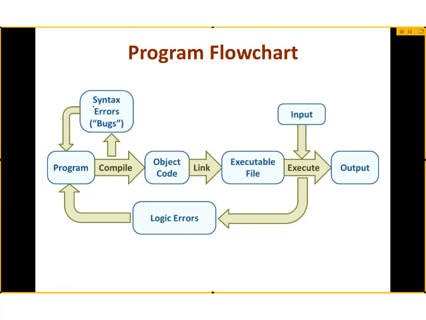There was some error in the logic of how we wrote our instructions. And so once again, we need to return to the programming stage. It's often more difficult sometimes to debug such logic errors, try to figure out what's going wrong with the sequence of instructions or algorithm that we've designed, fix that, and repeat the process over again.